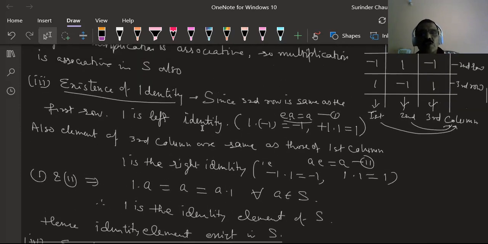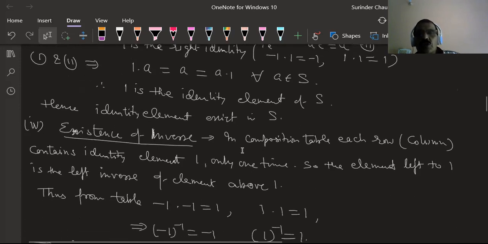So for the discussion, in the composition table, each row and each column contains the identity element 1 only one time. So the element to the left of 1 is the left inverse of the element above 1.